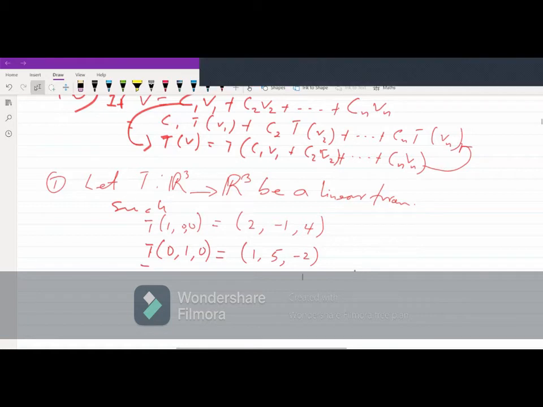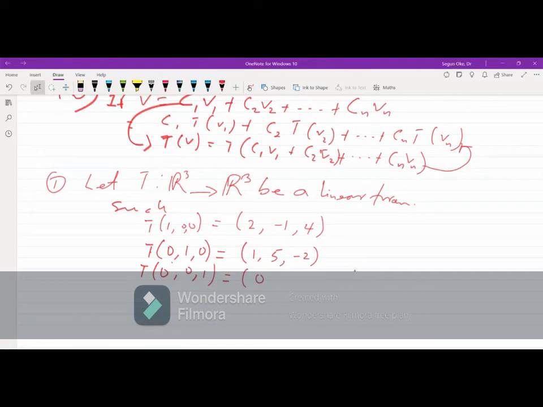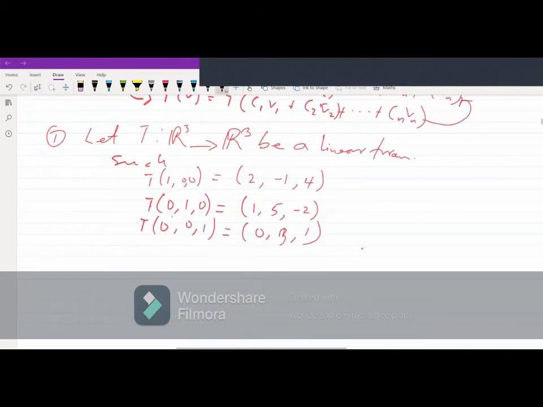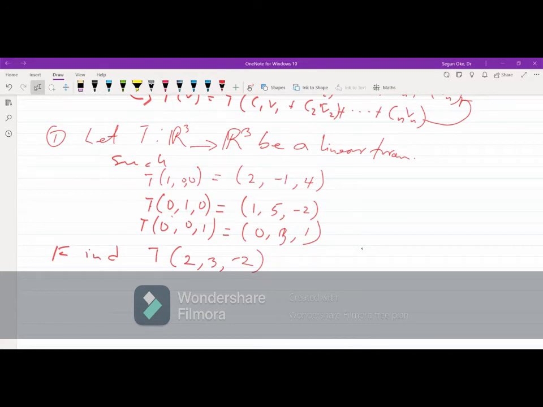Then I have another one, T of (0, 0, 1), which is the same thing as (0, 3, 1). The question says, find T of (2, 3, -2).